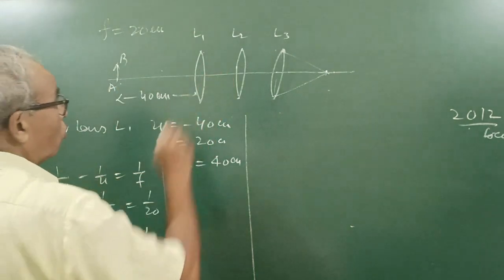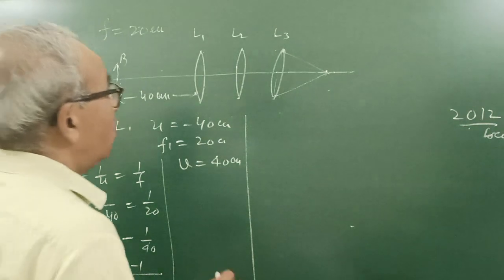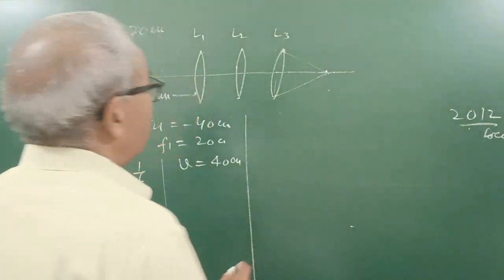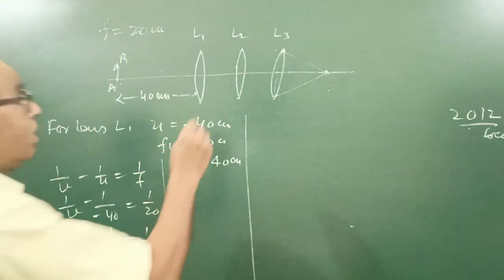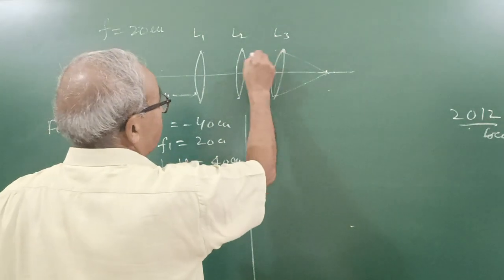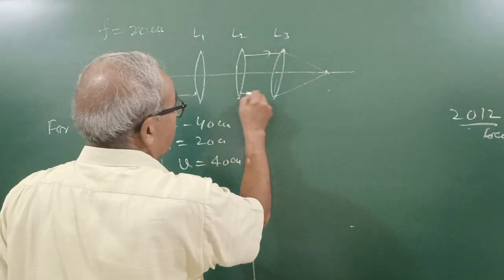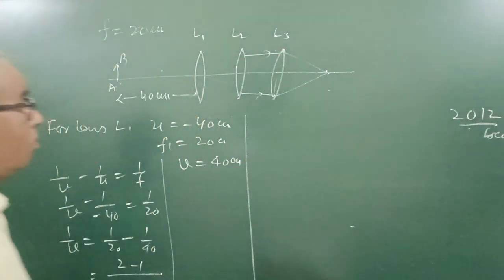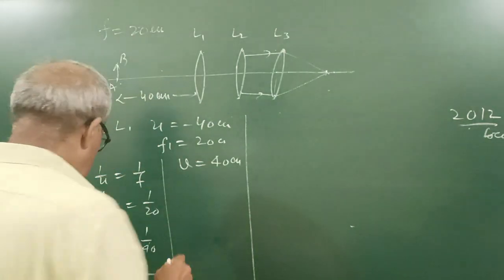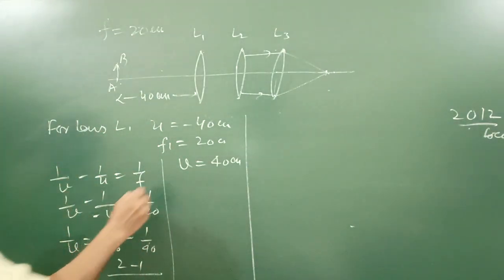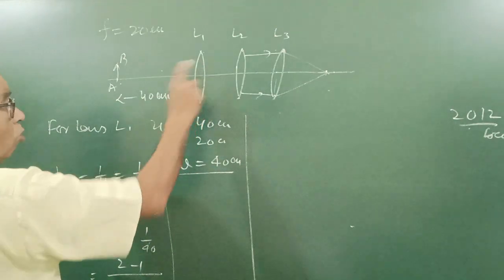It means the ray after passing through this lens should become parallel. And this image formed at 40 centimeter will act as an object for L2.